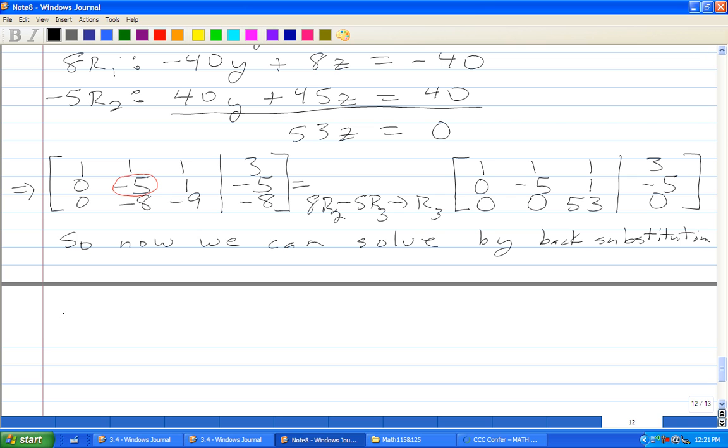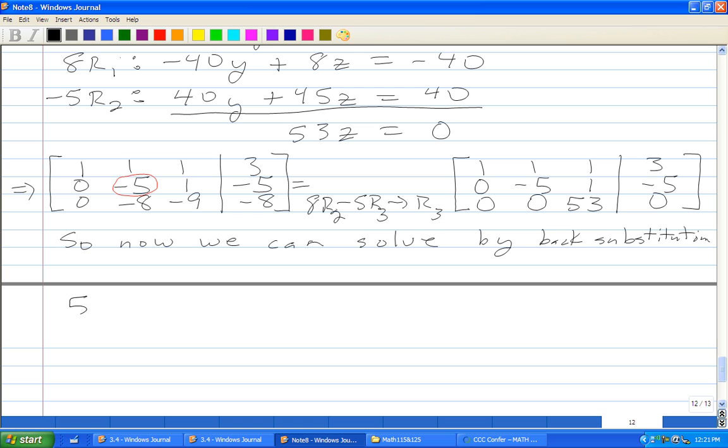This technique here will save you from having fractions within the matrices. Of course, your answers may be fractions, because you can't get away from that. But at least within these steps here, you won't have fractions.